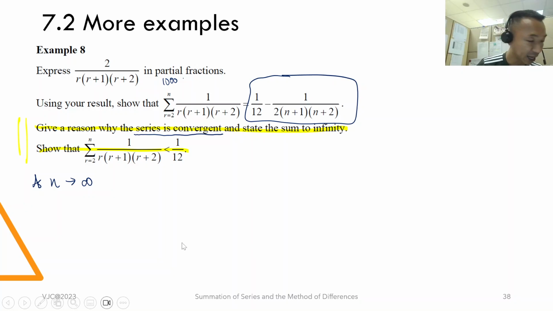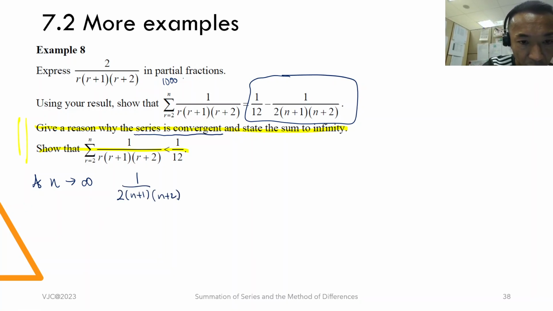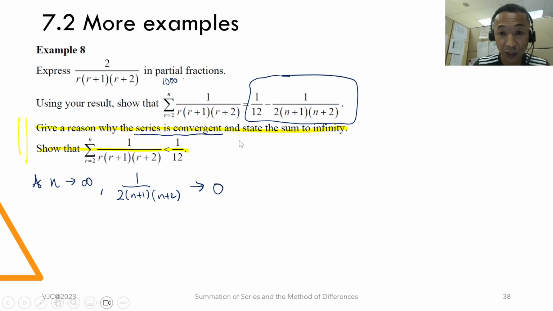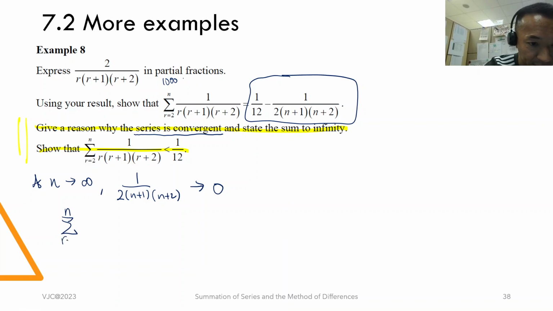So I want to say that as n tends to infinity, then 1 over 2(n+1)(n+2) actually tends to 0. Because if you have some very big number here, this whole thing tends to 0, which actually then means that your sum, your series here, actually tends to 1 over 12.